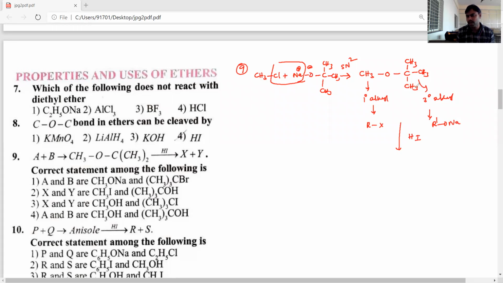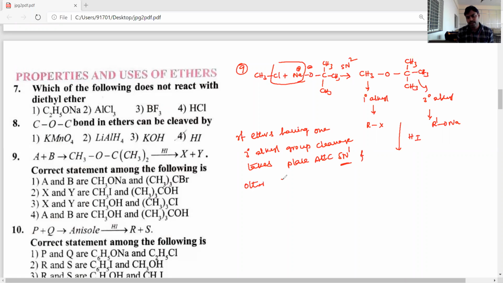If among the given ethers one tertiary alkyl group is present, cleavage takes place according to the SN1 mechanism, and in other cases it follows the SN2 mechanism.